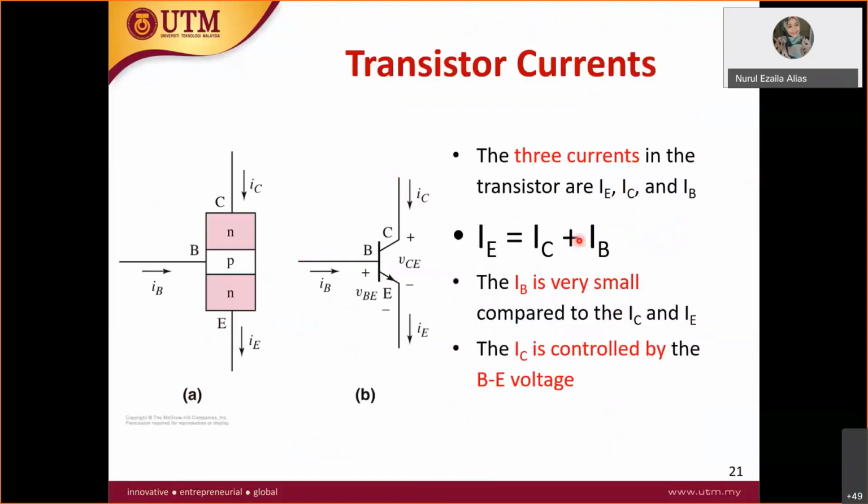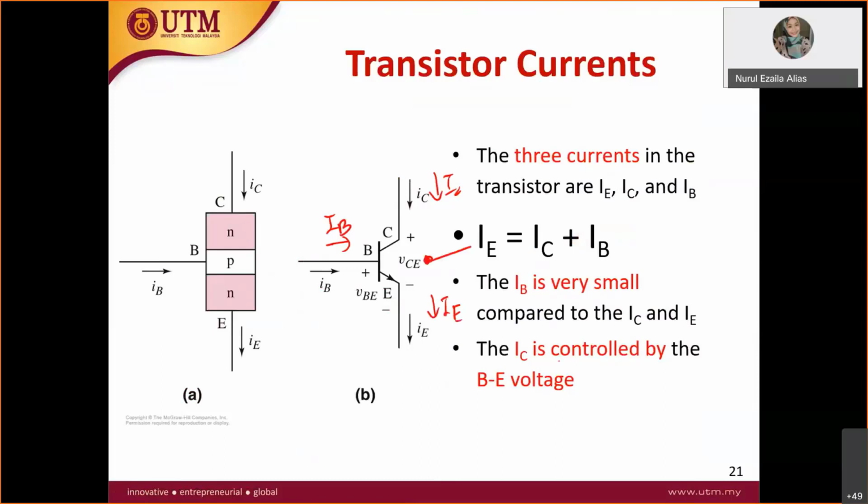So the transistor current exists here where you have IB. You have current IB, current IC and current IE. It's like a point at the center here.